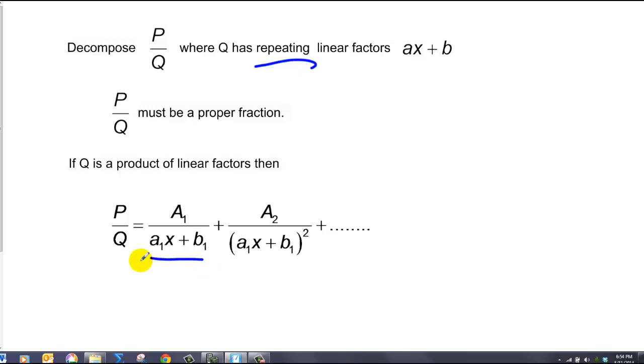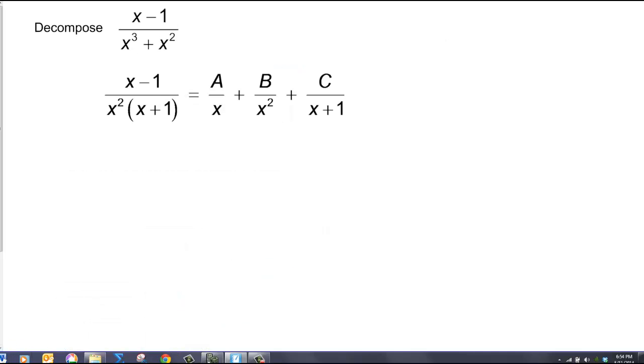So notice my denominator here is a linear factor of a sub 1 x plus b1, and then I have its repeated factor here. So this would be like x and x squared if I had those as two different factors of my denominator. So let's go ahead and do an example like that.